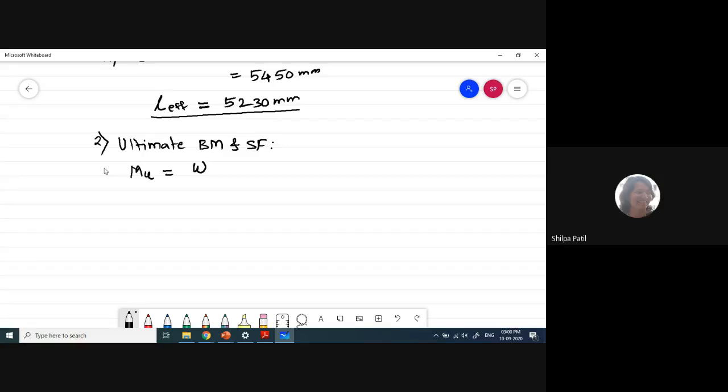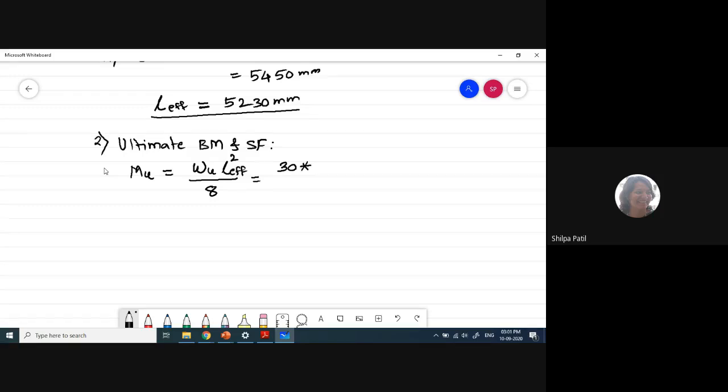Here our W is nothing but the ultimate value, Wu, and L is the effective value. So WL square by 8. What is the value of W? 30 kilonewton per meter.